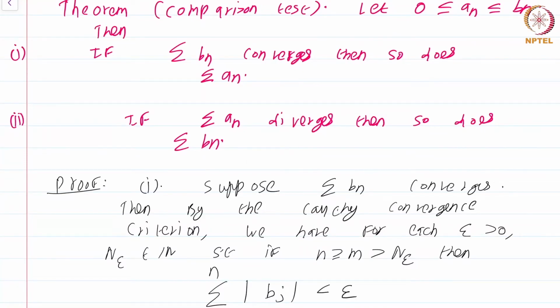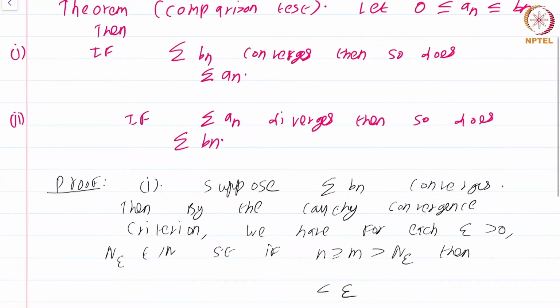Sorry, I made a mistake. The summation should be inside the modulus. So modulus of summation j equals m to n, bj is less than epsilon.